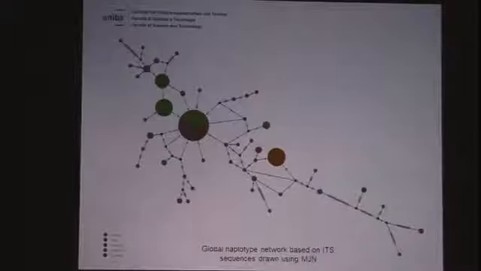Then the ITS sequence analysis. What we did basically is that we sequenced our isolates, and we downloaded all the ITS sequences present in GenBank. We made this haplotype network using the median joining network.